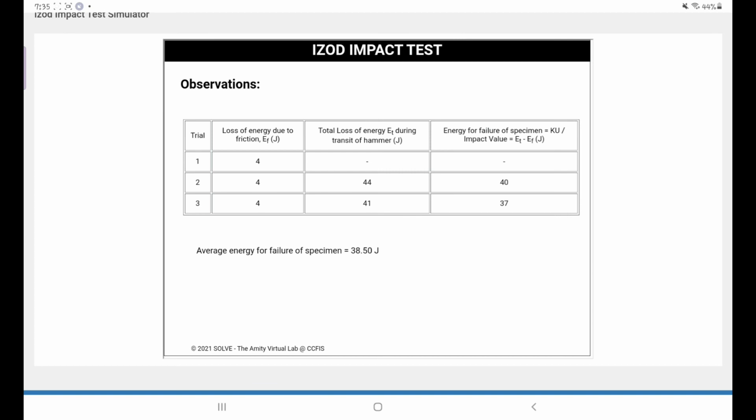Trial 2, 44 joule, trial 3, 41 joule. Next, energy for failure of specimen equals KU per impact value equals ET minus EF joule. Trial 2, 40 joule. Trial 3, 37 joule. Average energy for failure of specimen is 38.50 joule.